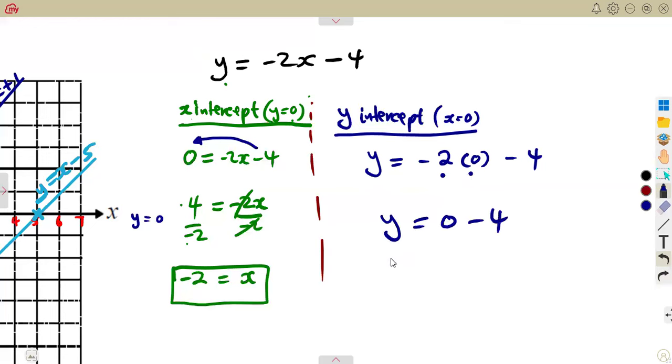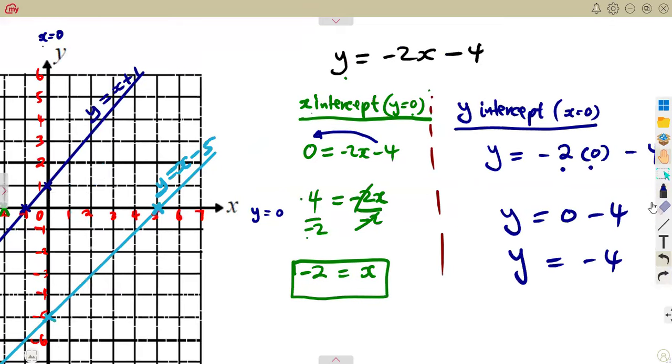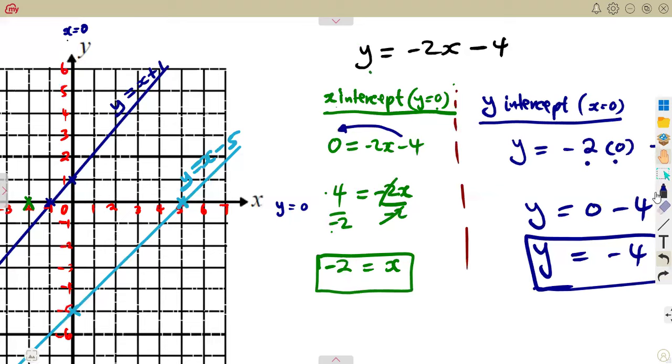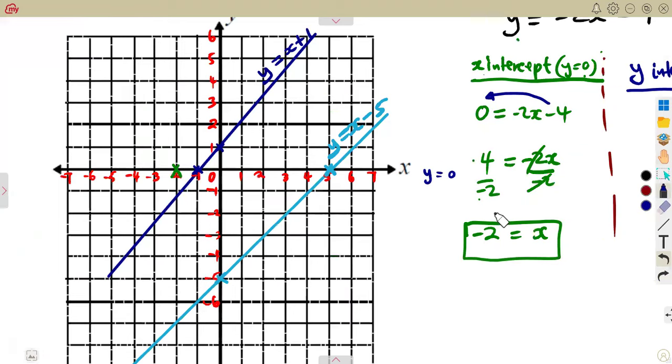So that's 0 - 4, which is -4, or just use your calculator there. You will obtain exactly the value that you are seeing there. Y is at what? At -4. That is where we are going to mark our Y-intercept, at -4 on the Y-axis, which is here.